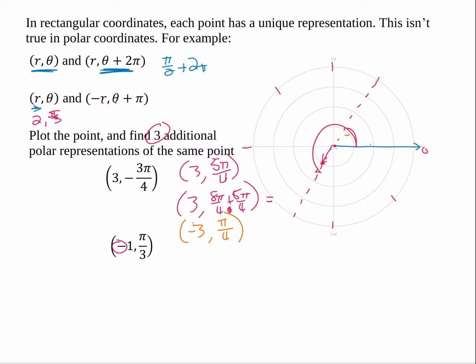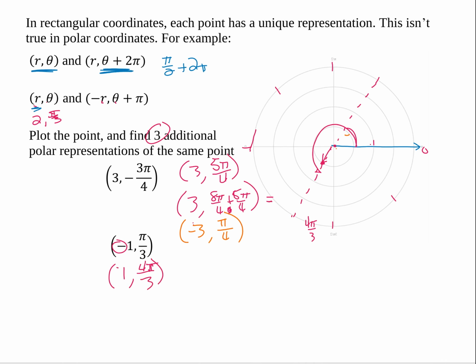So what angle is that? If this is pi over 3 right here, then we have 3 pi over 3 to get around to here, and then another one right there. So that makes 4 pi over 3. So I could say I have a radius of 1 at 4 pi over 3. So that's 1. I need 2 more.